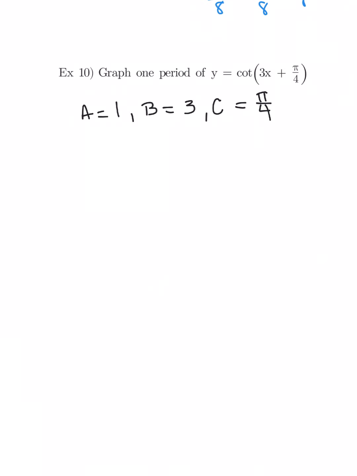So our mark on the vertical axis will be 1, since a is 1. Our period, standard period length for cotangent is pi, divided by b gives us pi over 3.